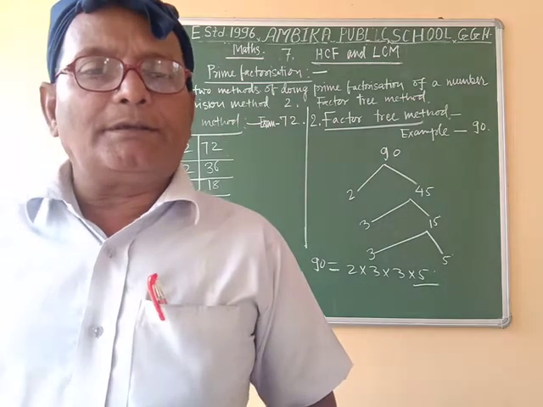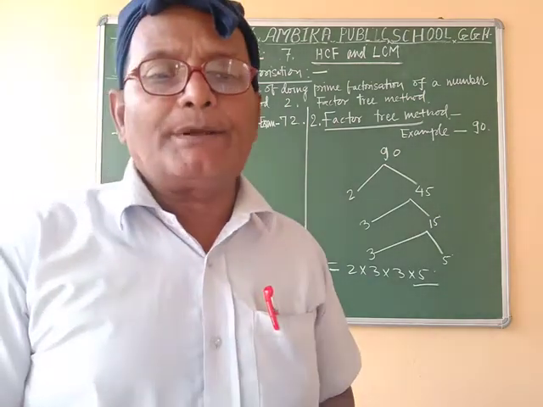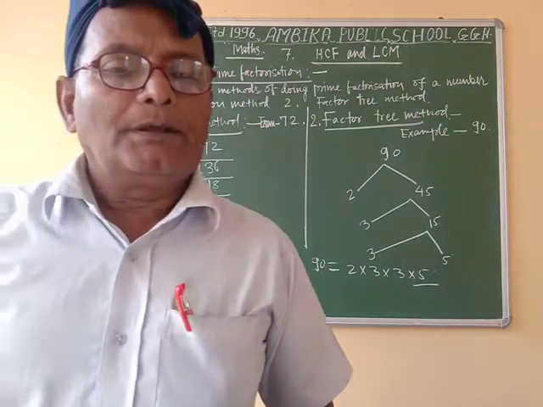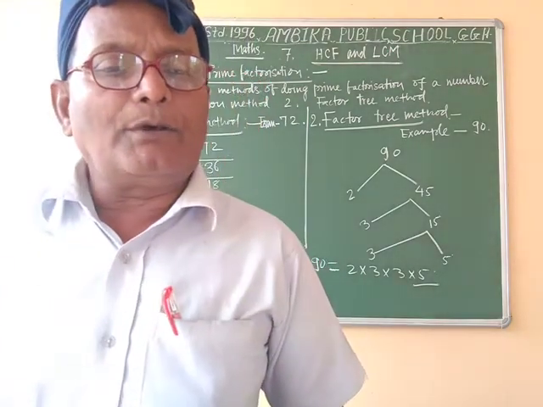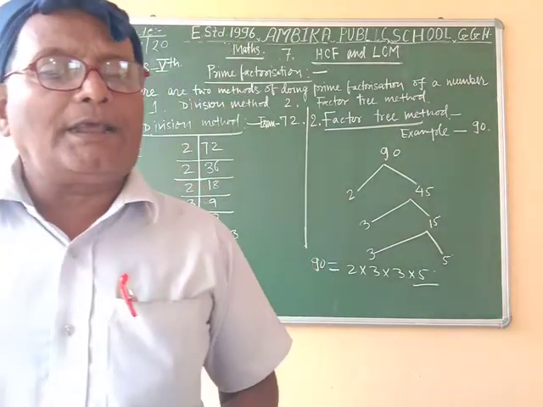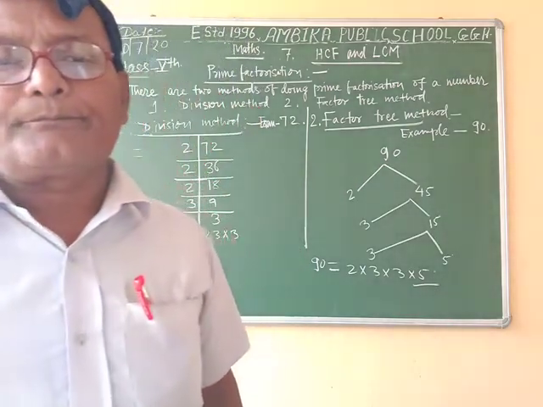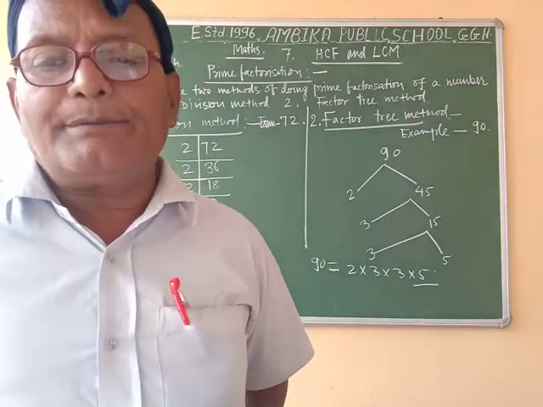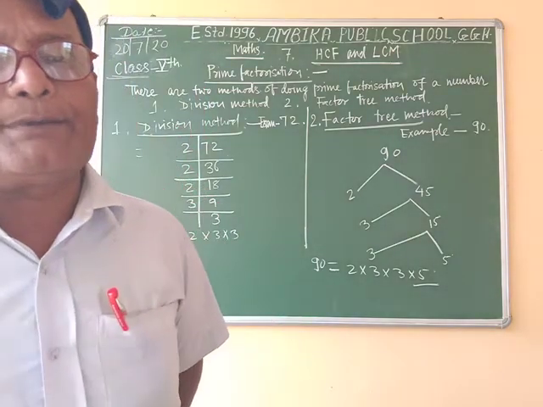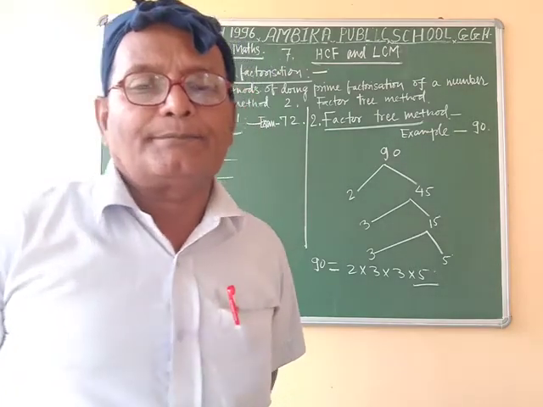Now we have learned the method of finding prime factors of numbers. Now I am going to describe HCF, highest common factor. What is the highest common factor? The highest common factor is abbreviated as HCF, short form. HCF of two or more numbers is the highest of their common factors.